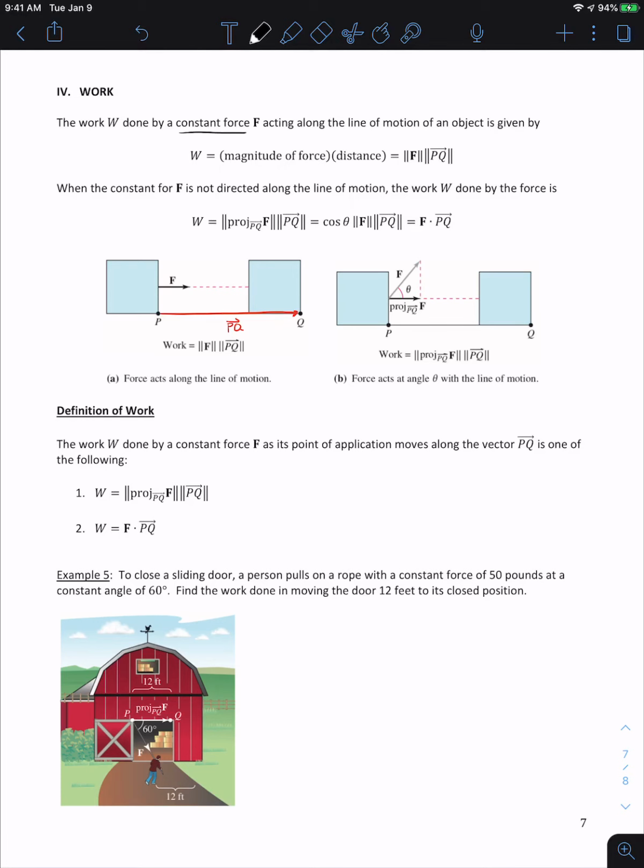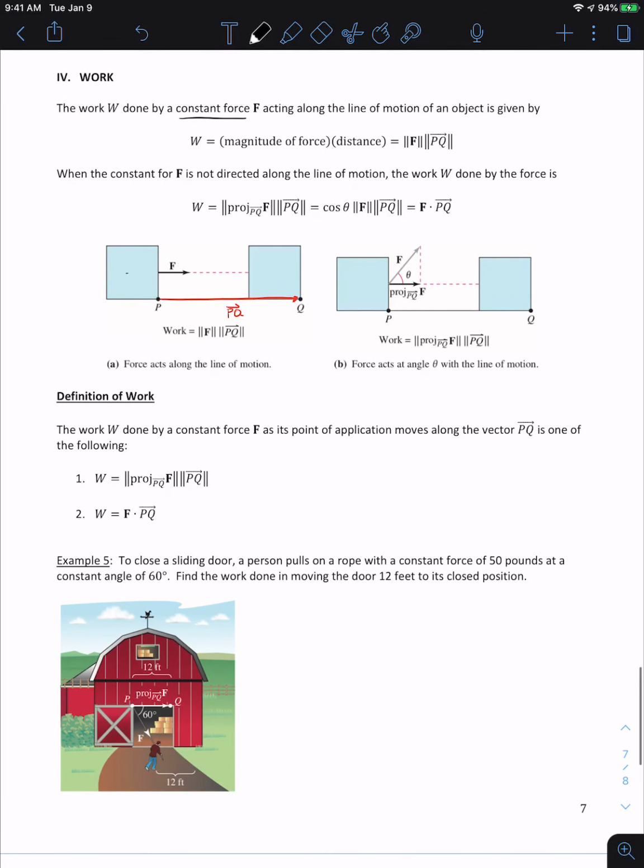So this is when my force is acting directly in that direction. In the case where my force is directed somehow upward, if I'm not pushing exactly parallel to the direction I'm going, then I'll have to use this idea of projections and the orthogonal component and the parallel component, right? So that's where the projection comes in.